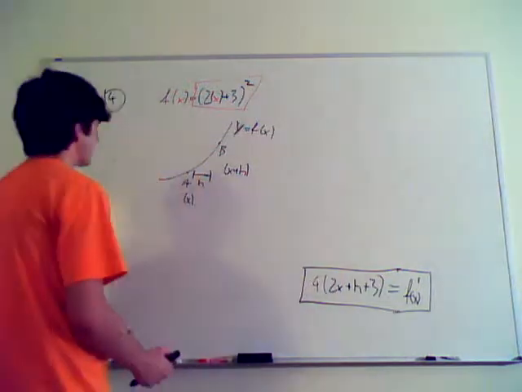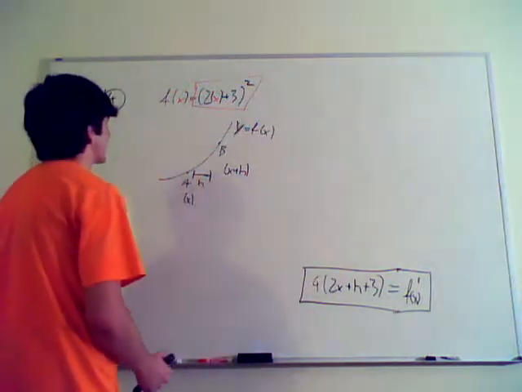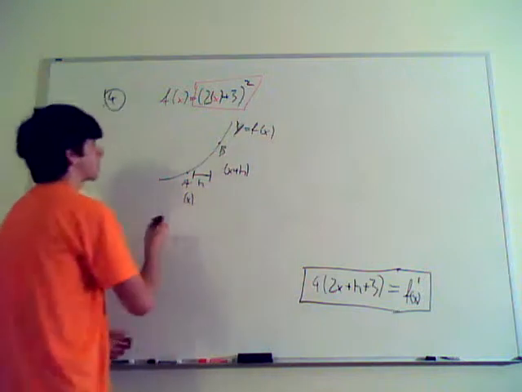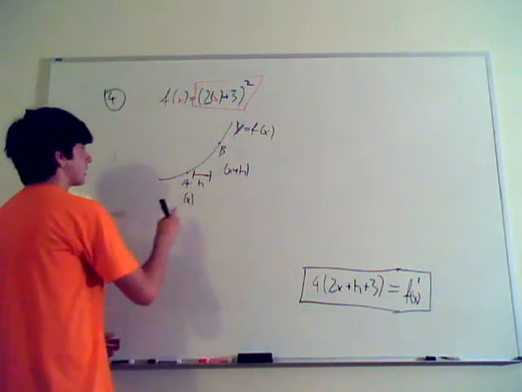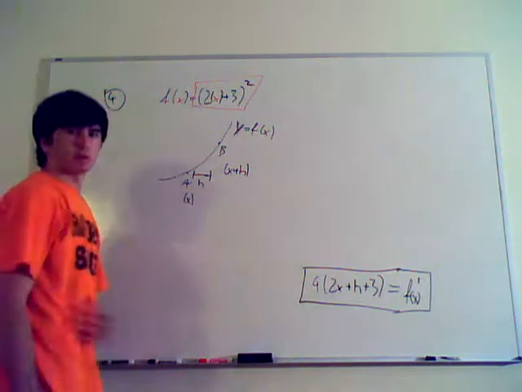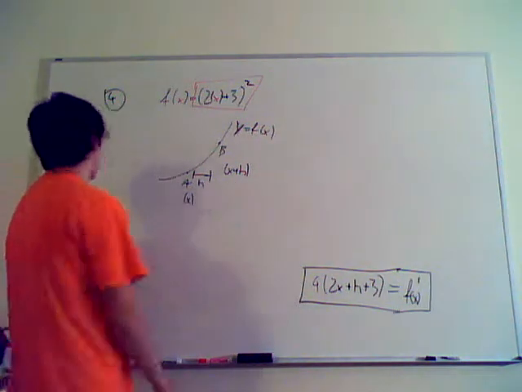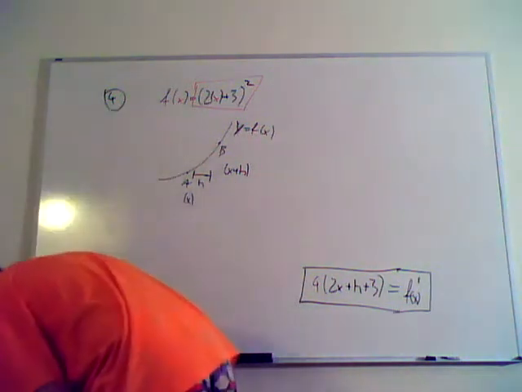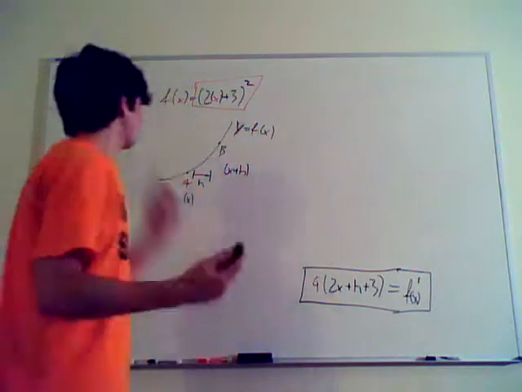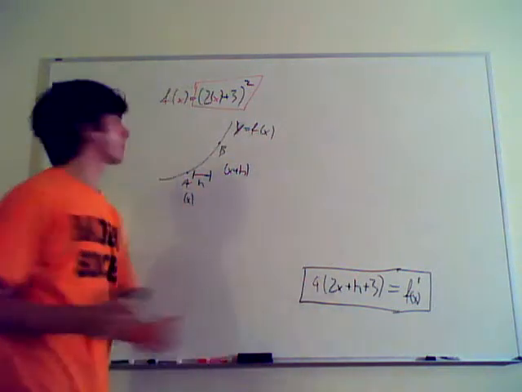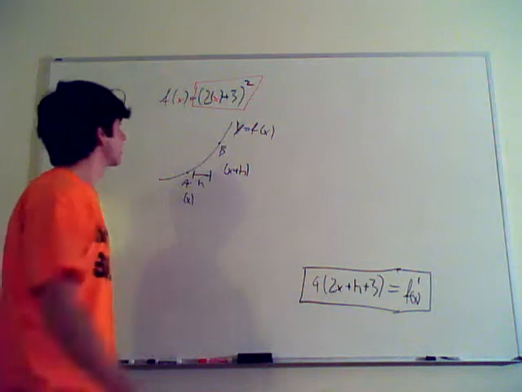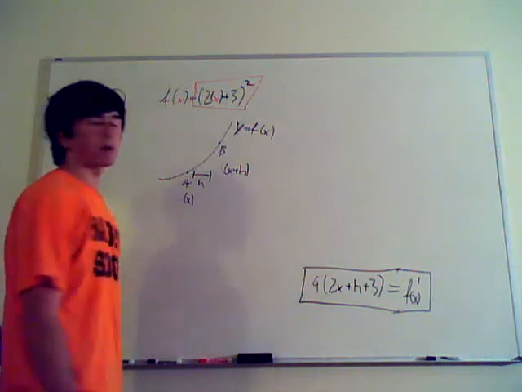So now, you could say that on the line y equals f of x, x is h away from x plus h. And the way you write that is, wait, what do you do with interpret? I don't know what interpret means here. I honestly don't know what to do.